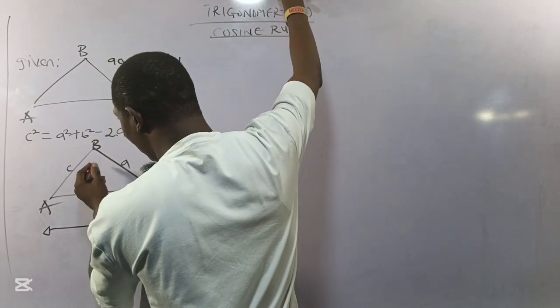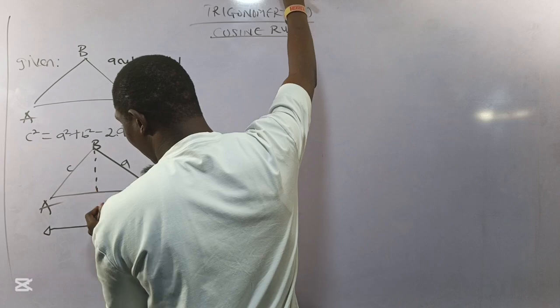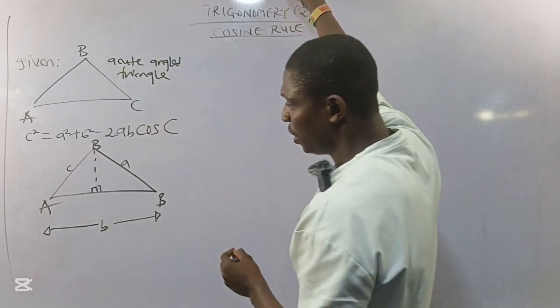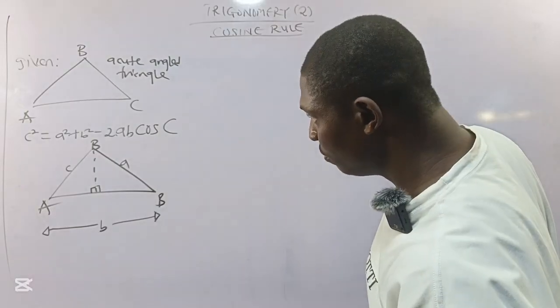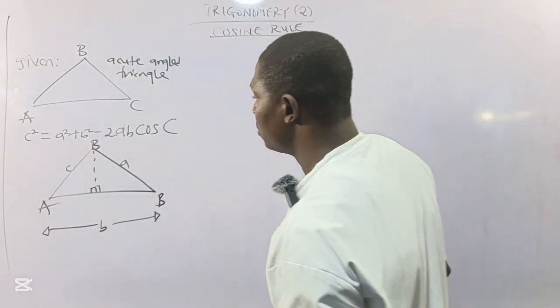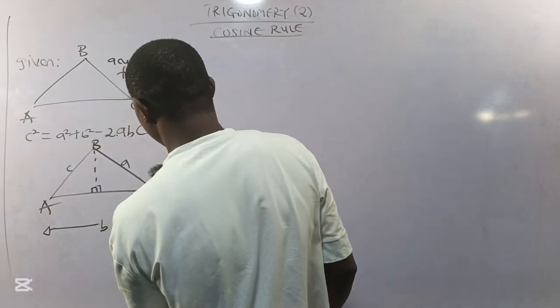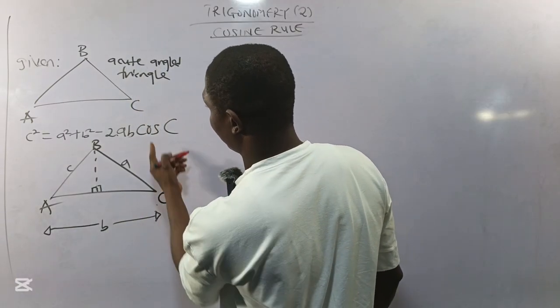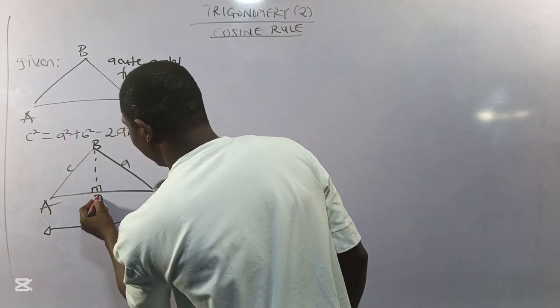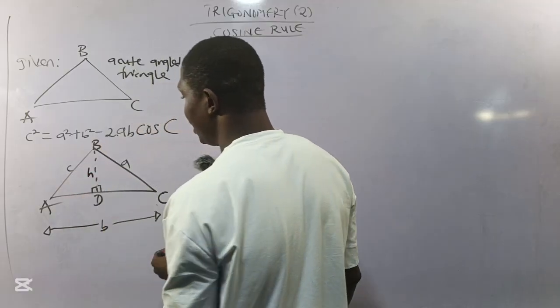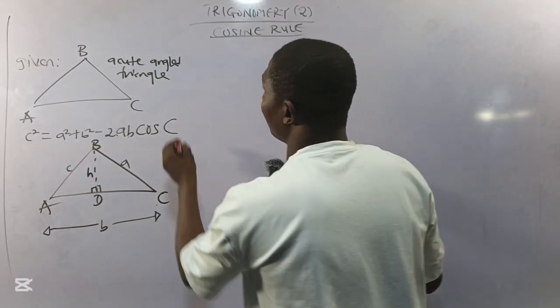So let's bring a perpendicular from B. If I bring a perpendicular, that simply means this should be a right angle, and this equally should be a right angle. And let the line where the perpendicular from B meets AC be D. And let me say the height be H.